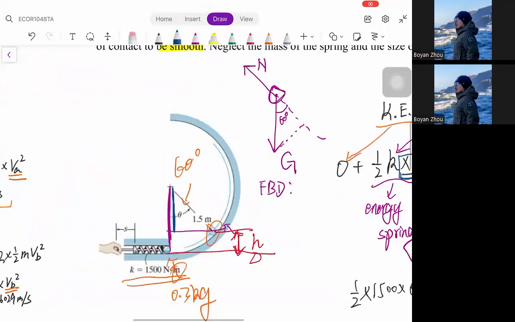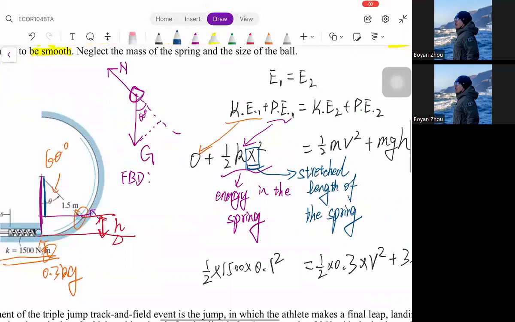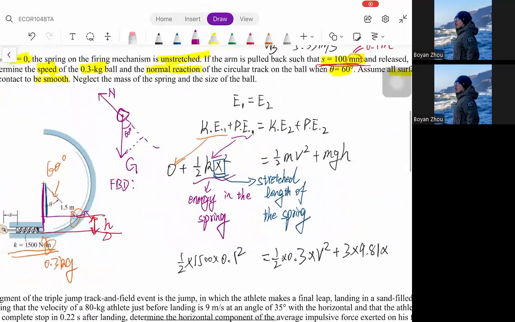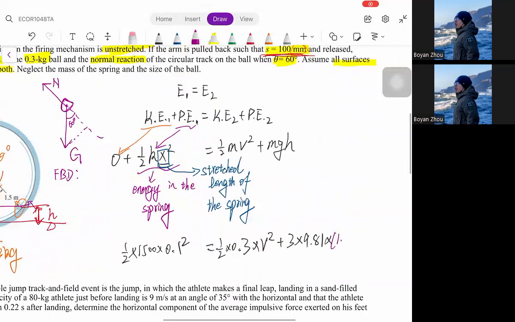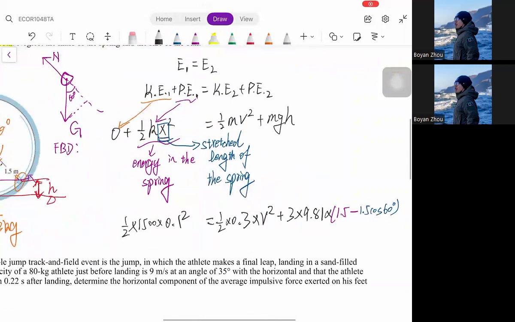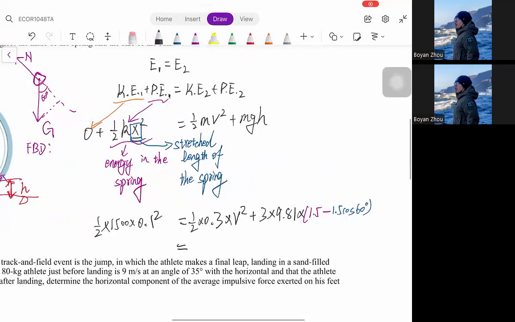So it's the purple length minus the blue length: 1.5 meter minus 1.5 cosine 60 degree. And this is what h is.